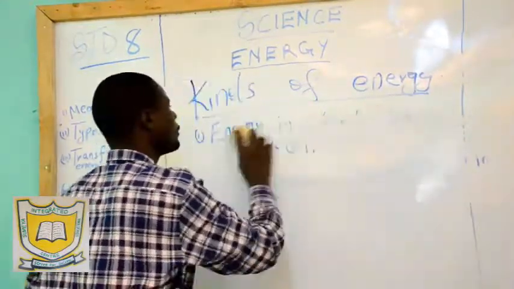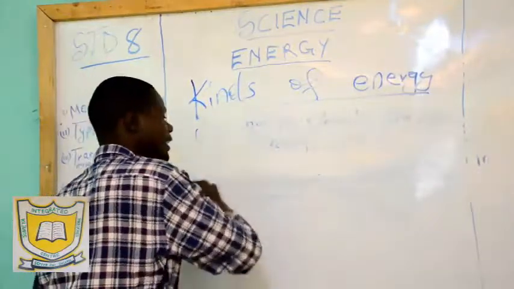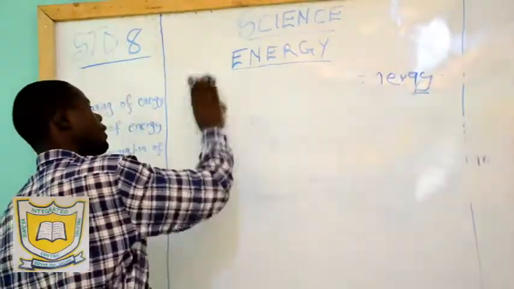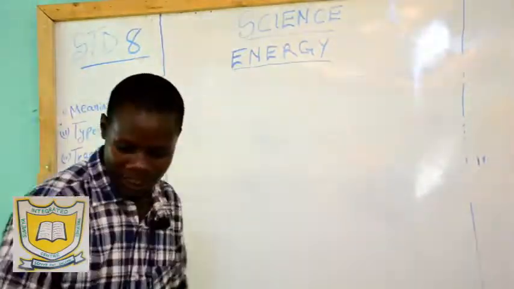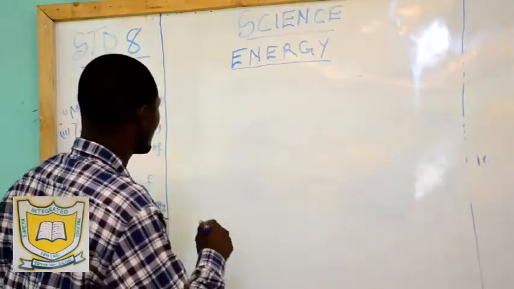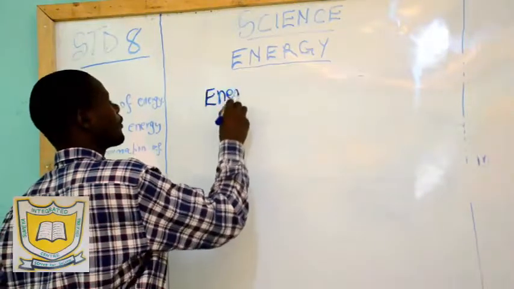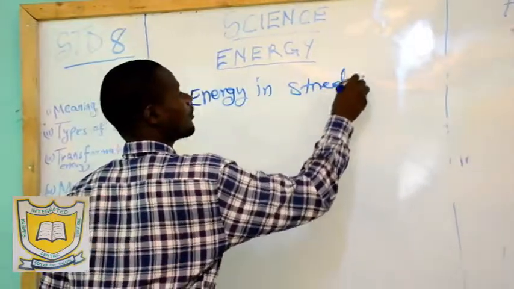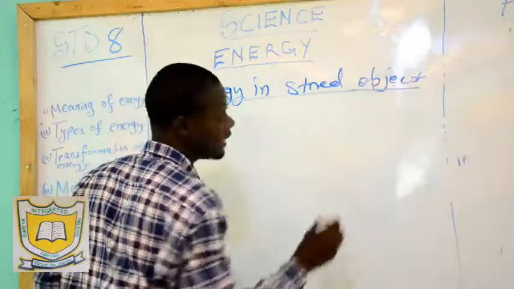When we talk of energy in stored objects and energy in moving objects, what are some of these examples that can show you that here we have energy in motion and here we have energy in stored objects? Examples of energy in stored objects.